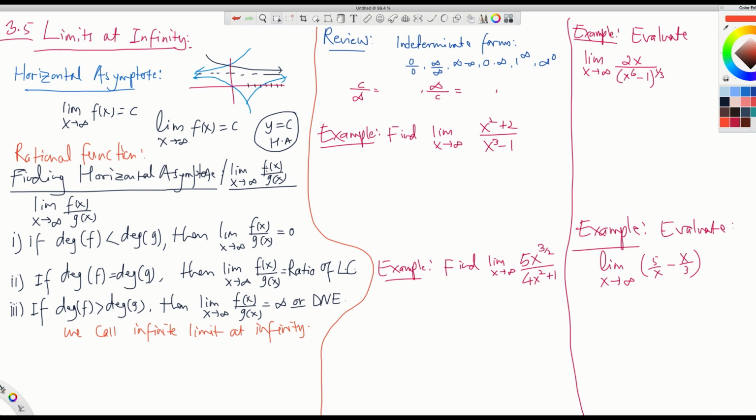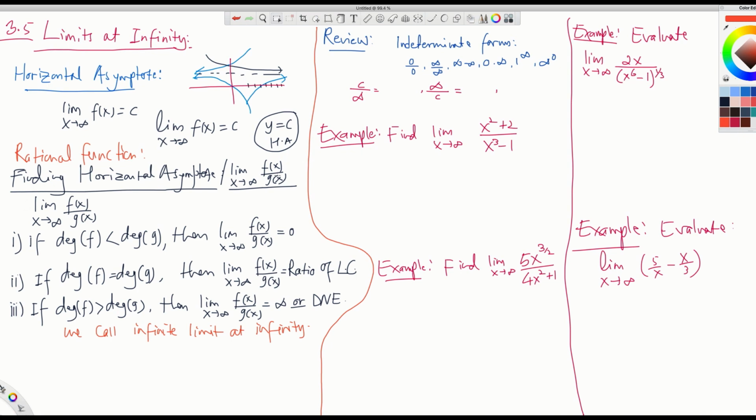Meaning the function on the top has exponents that are either 0 or positive whole numbers, and the function on the bottom also has exponents that are either 0 or positive whole numbers. In other words, the ratio of two polynomial functions is called a rational function, because a polynomial is one that has exponents of x that are 0 or positive.